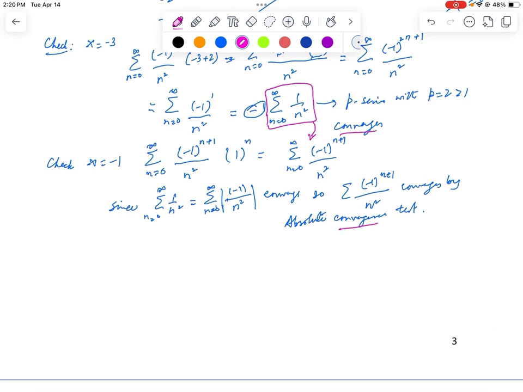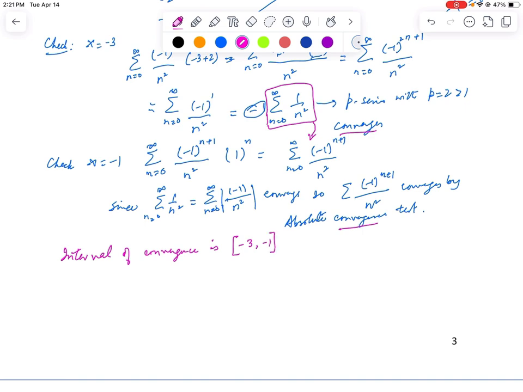Therefore, first let's write the interval of convergence. We had negative 3, negative 1, remember? But now we will include the endpoints, because we saw that the series converges at both endpoints.